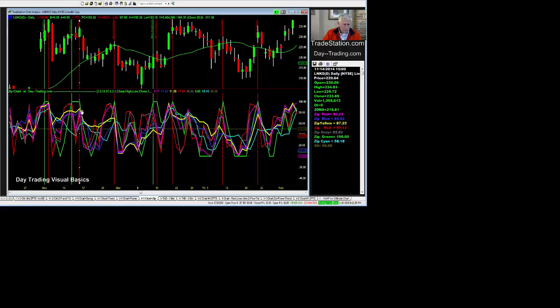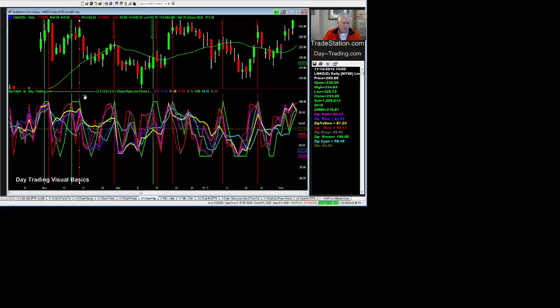Pink, blue, and yellow and red and gray all come back up. In this particular case, on this day, the yellow is the highest at 87, red and gray are at 85, blue's at 84, and pink's at 83.